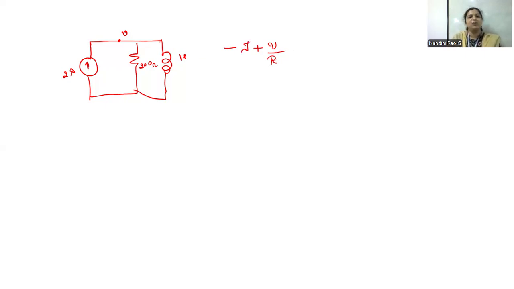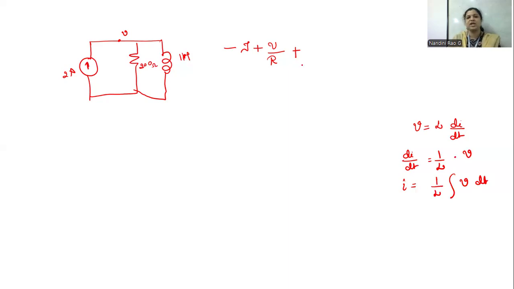Plus what is the current across the inductor? We already know V equals L di by dt. So di by dt equals 1 by L into V. So I will be equal to 1 by L integration V dt.